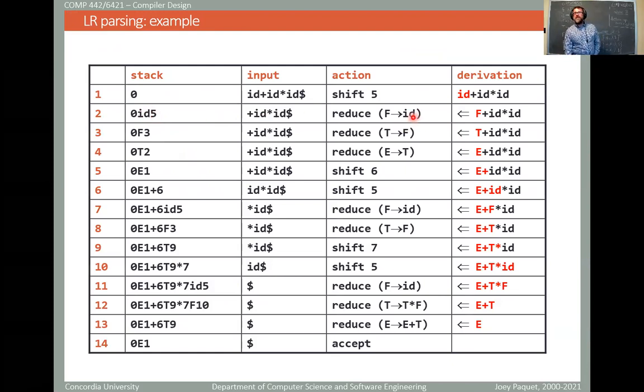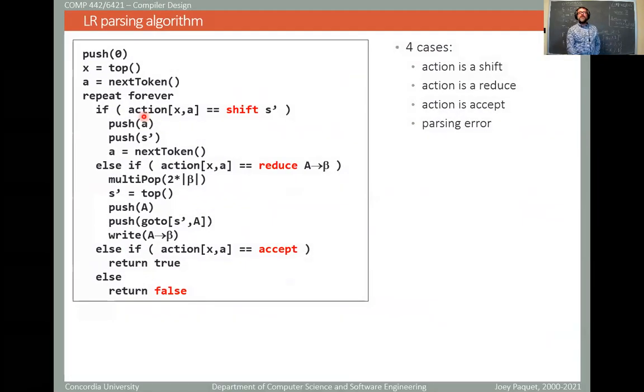The length of this is 1, so times 2 is 2, so I pop twice from the stack. Okay, so let's go to the algorithm. I'm going to do this for the first ones, and then I'm not going to come back to the algorithm after. So I pop my 2 things from the stack here.